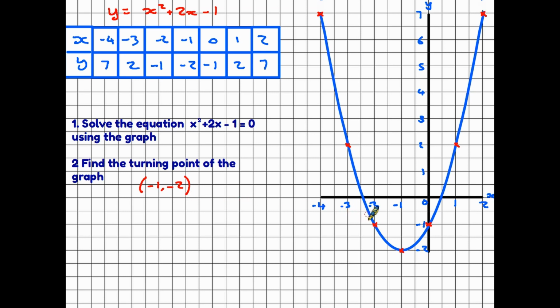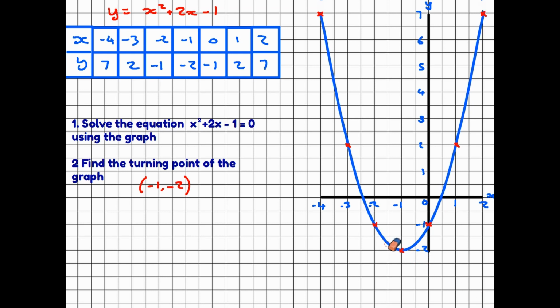Now, there are instances where you find you have drawn a graph and you haven't actually plotted a point there. It may be there is a point either side and you have to find that center point for yourself. You've actually drawn the line but not plotted a point there.